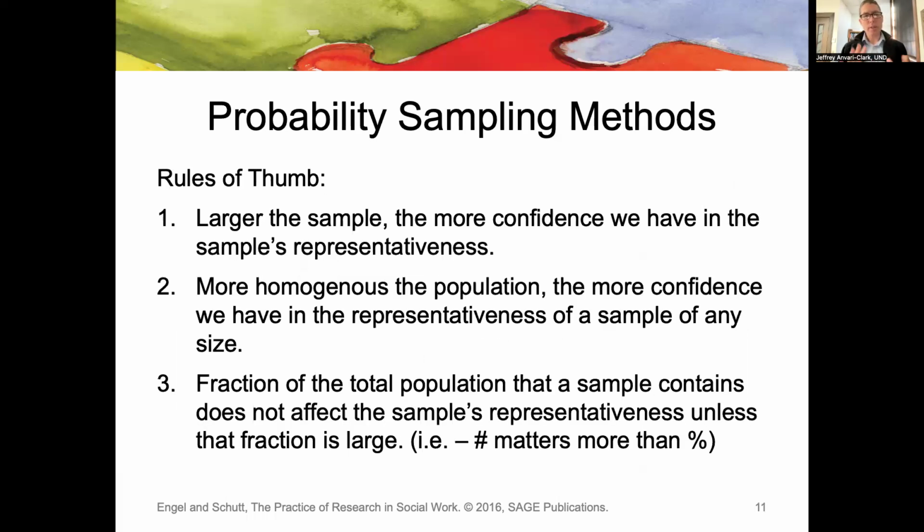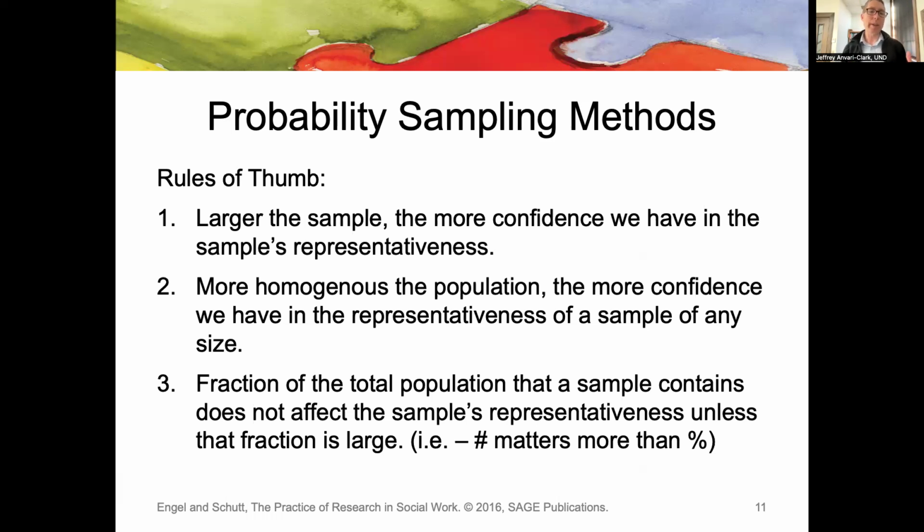Now, there are several rules of thumb that go along with this. The larger the sample, so the more people we're conducting our research with, the more confidence we can have that the sample is going to be representative.